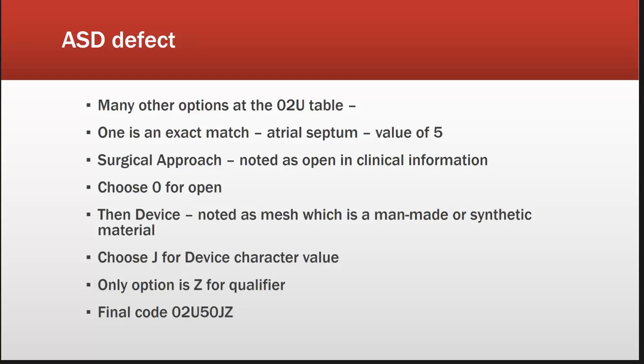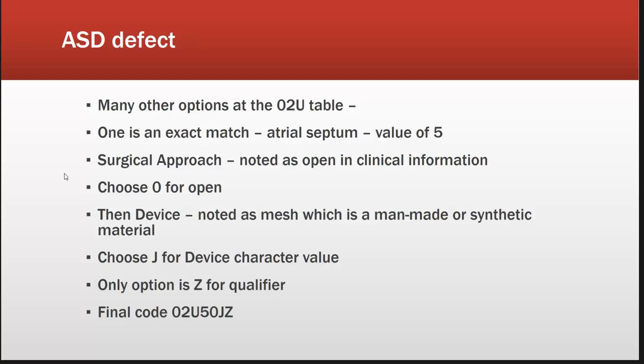Technically, you don't have to use the alpha index, but it's very beneficial to use it as you are learning the ICD-10-PCS coding system. So we use the alpha index, but we are then making our final selections by the table. And when we go to the 02U table, we find a better choice for body part value, which is 5.